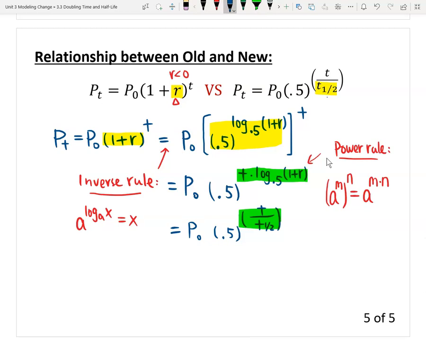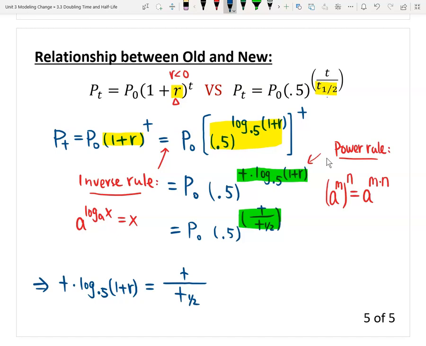Now the two powers are the same: t times log base 0.5 of (1 plus r) equals t over T1/2.